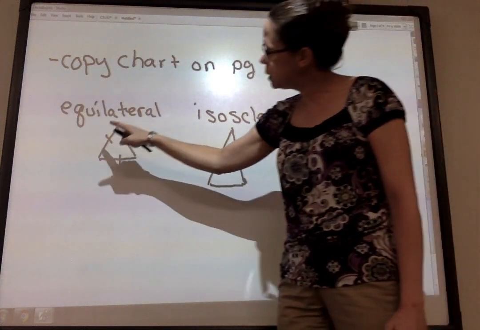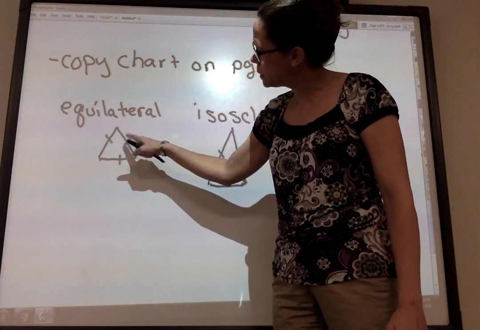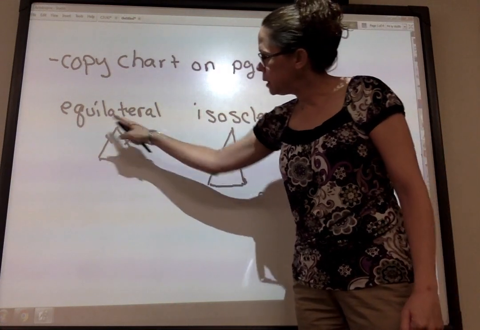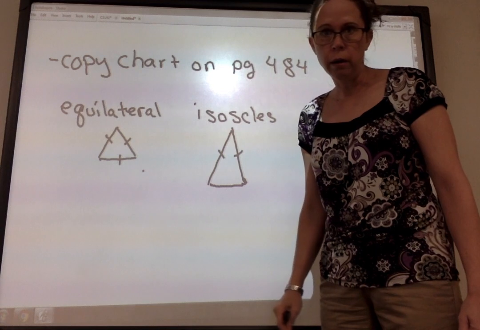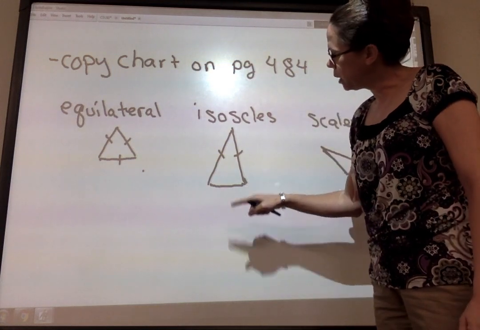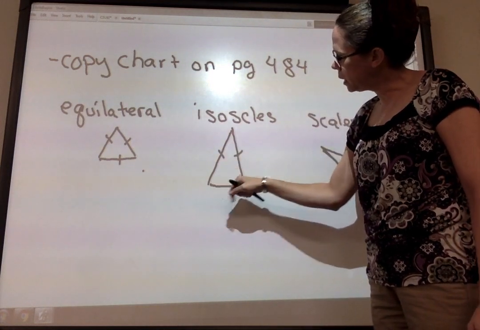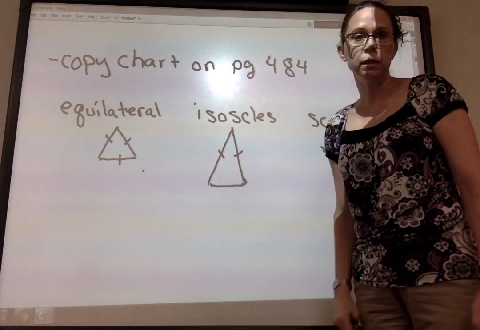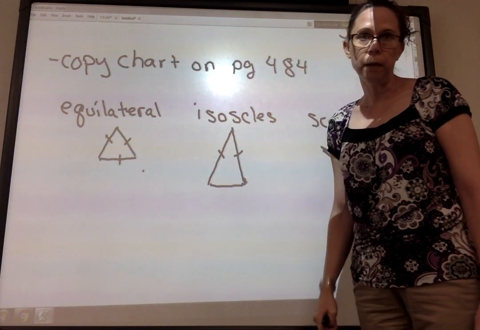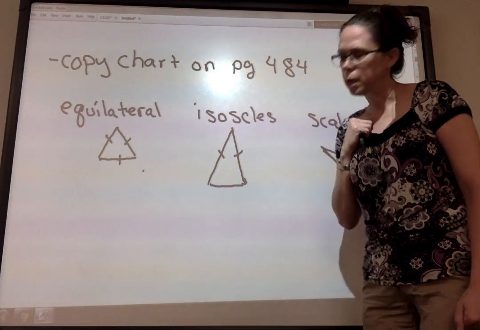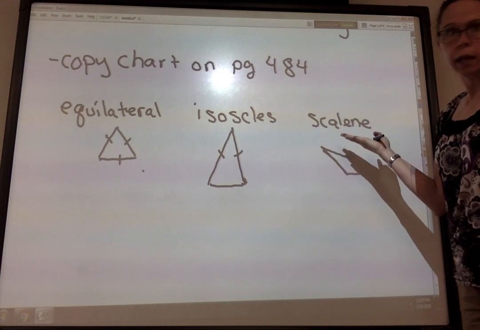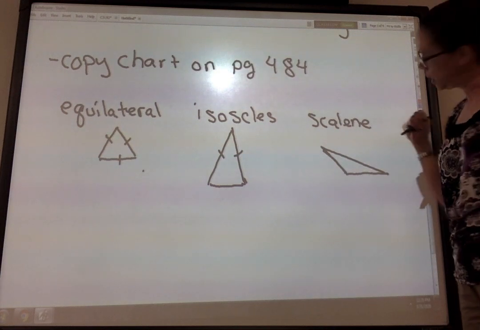If I have one tick mark on this side, one tick mark on this side, one tick mark on this side, what I'm saying is these are the same measure, okay? On this isosceles triangle, I have put one tick mark on this side, one tick mark on this side, so I'm saying this side and this side have the same measure, okay? Isosceles.